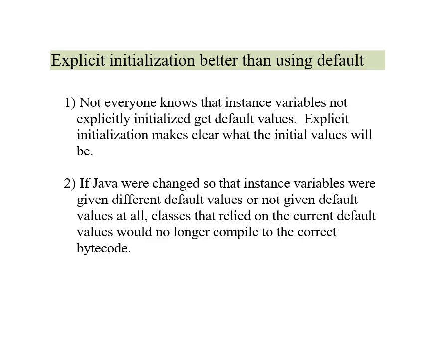However, it's not inconceivable. If you explicitly initialize, then the initial values are still what you want. But if you rely on default values, and they are changed at some point by the creators of Java, then your program no longer works correctly because it won't have the values that you want.